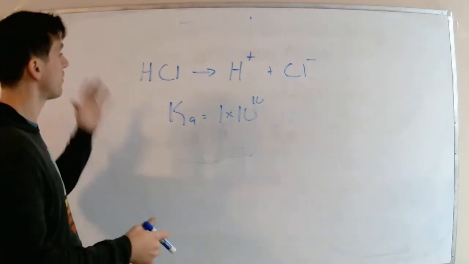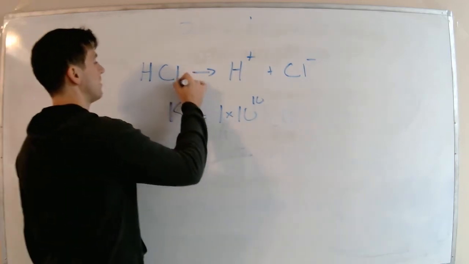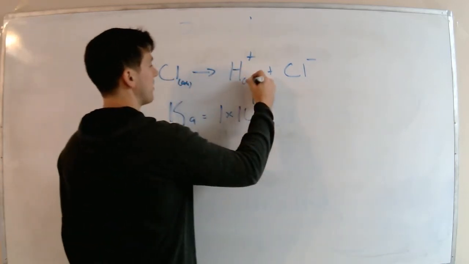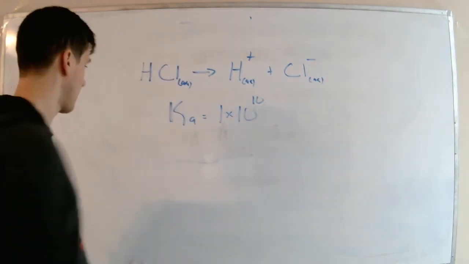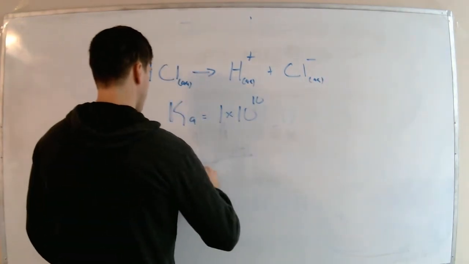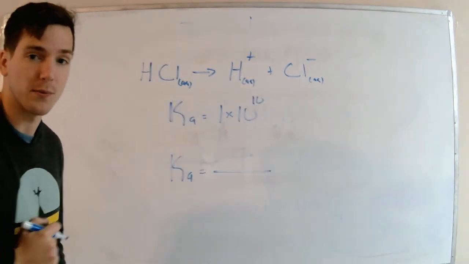Okay? So if we are going to draw or write the equilibrium expression for this, these are all aqueous. All acids are aqueous. So our equilibrium expression for this is once again just going to be products over reactants.